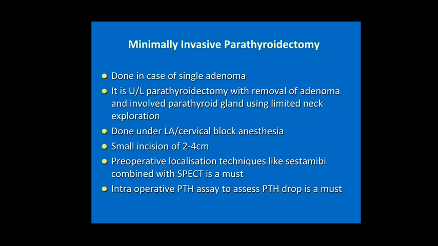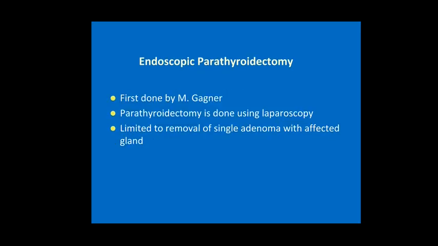Here it is very important that the center has facilities for preoperative localization like the Sestamibi combined with SPECT. Similarly, there should be facilities for intraoperative parathyroid hormone assay to look for the parathyroid hormone drop. If both facilities are available, then such a procedure may be attempted.